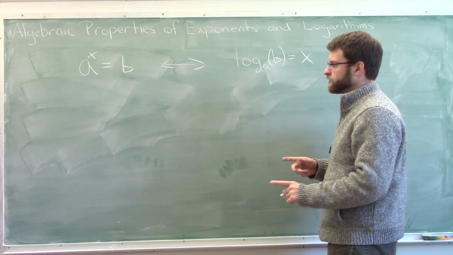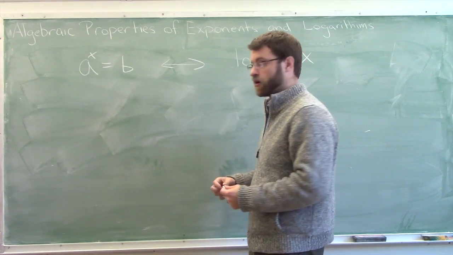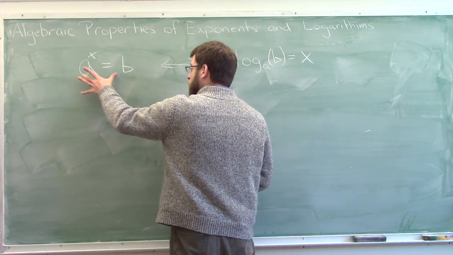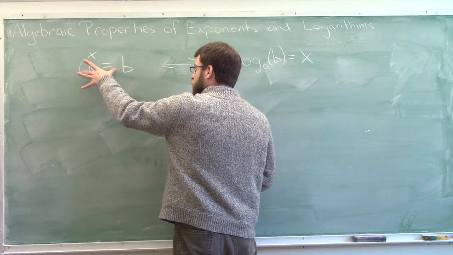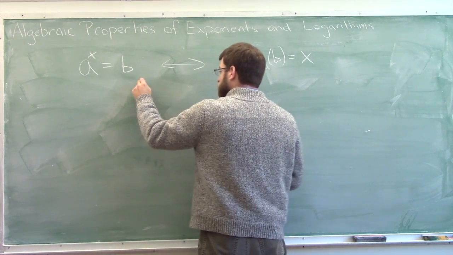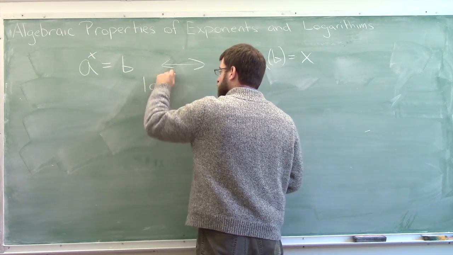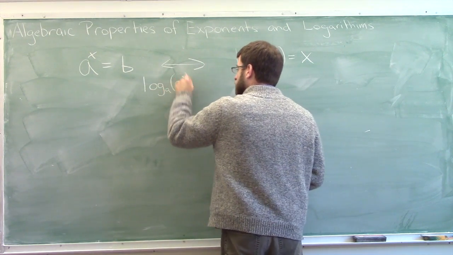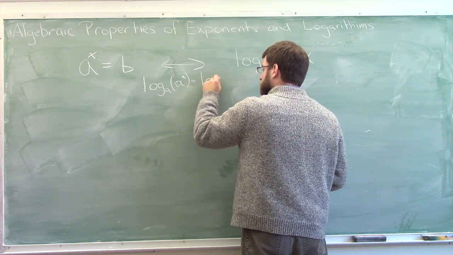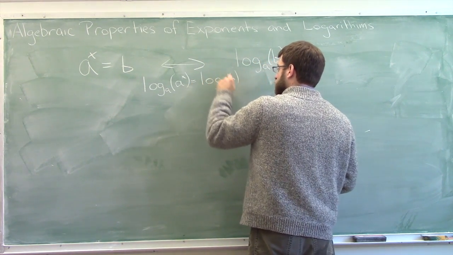Those are equivalent statements. And the way you get from one to the other is by applying a logarithm or acting with a logarithm on both sides of this equation. So the intermediate step to connect these, I do a log base a on the left side, and I do a log base a on the right side.